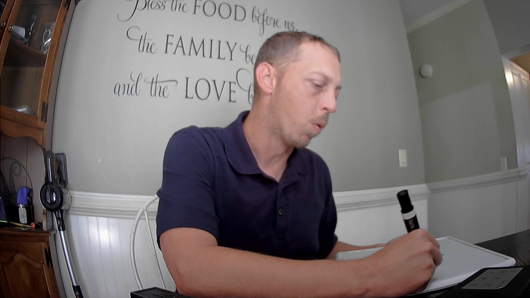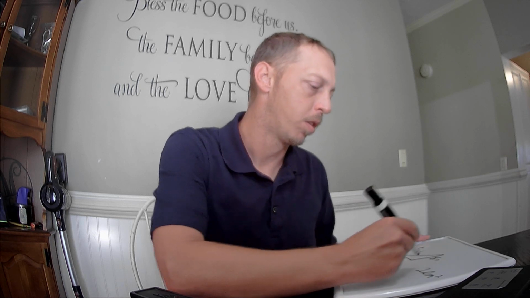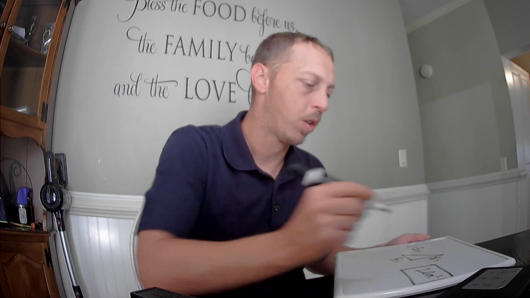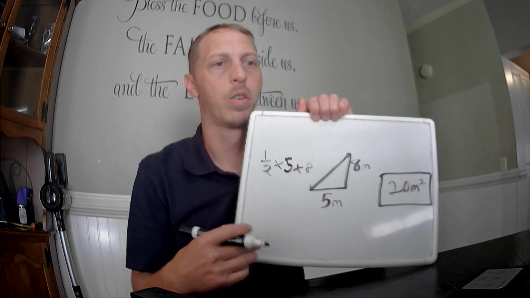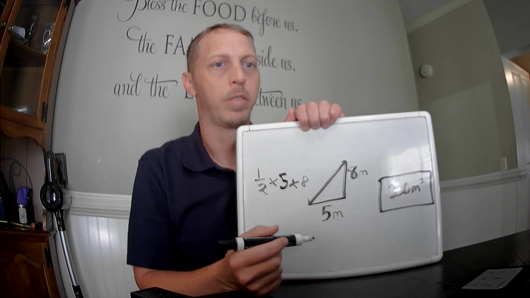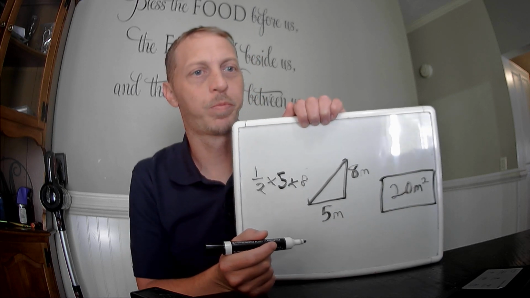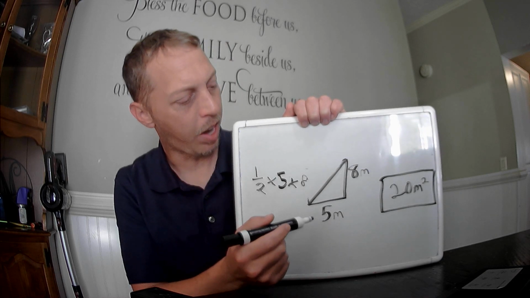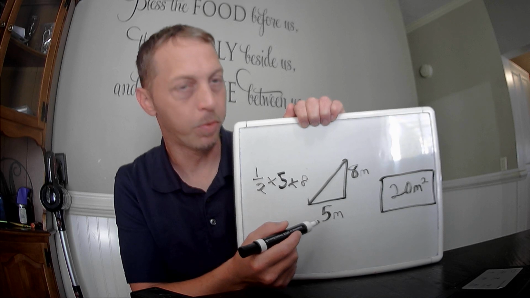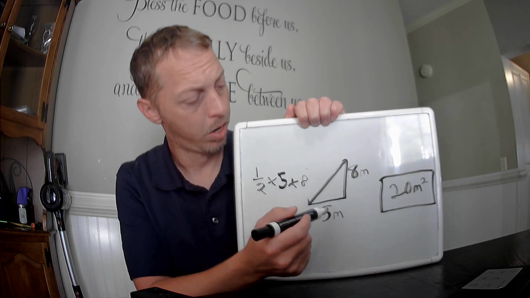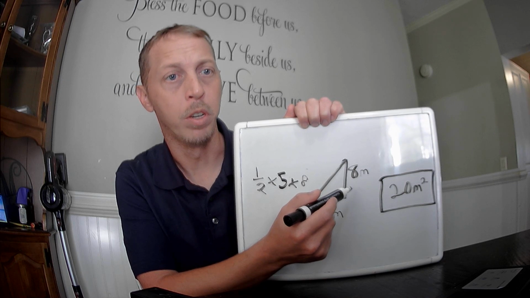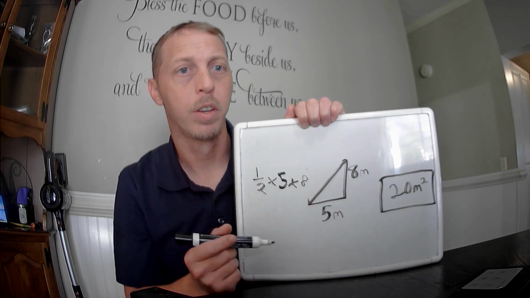So the area for this shape is 20 meters squared. And that's exactly half of what you would get if this was a full rectangle, because 5 times 8 would be 40 meters squared.